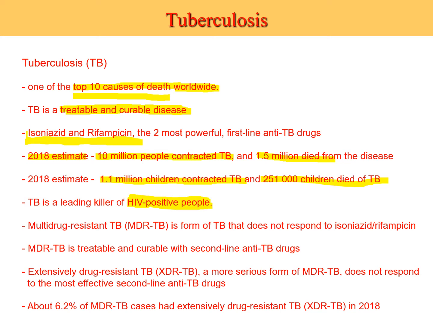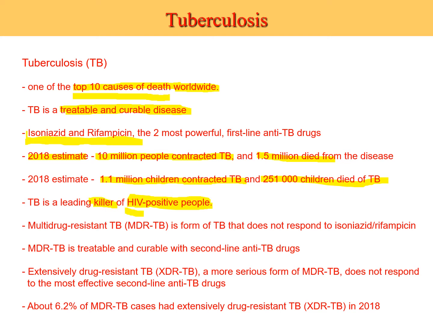So it doesn't progress, and they just have a calcified node that can be seen on an X-ray. But with severe immunosuppression, then it can emerge and come out and cause death in people who are severely immunosuppressed because of HIV.